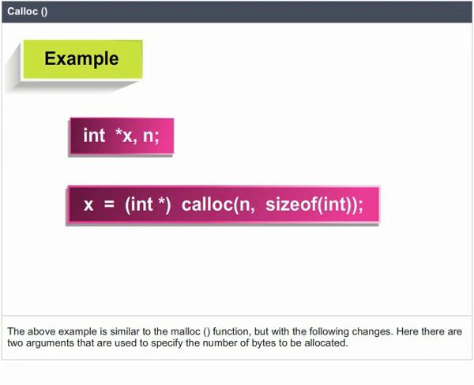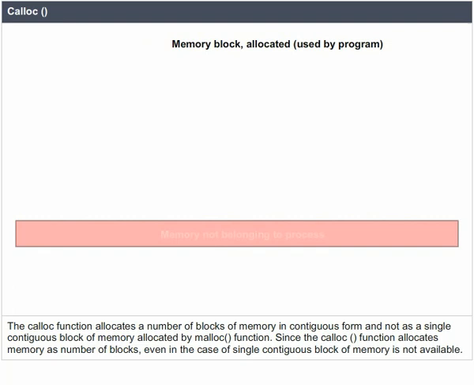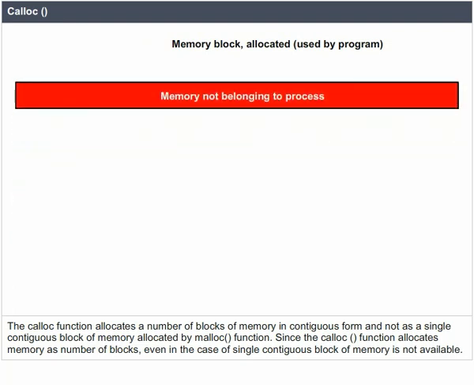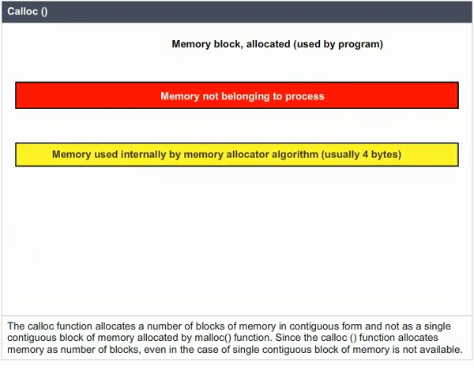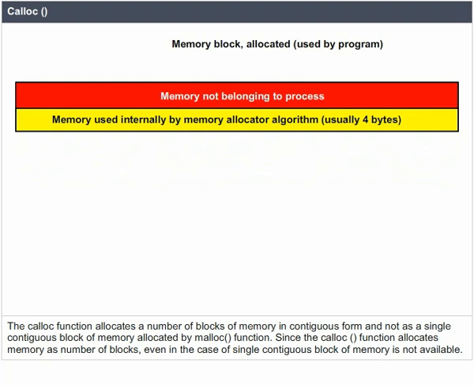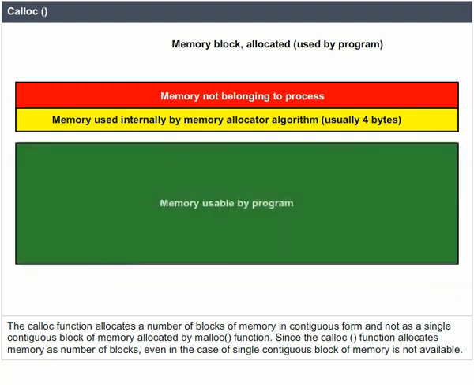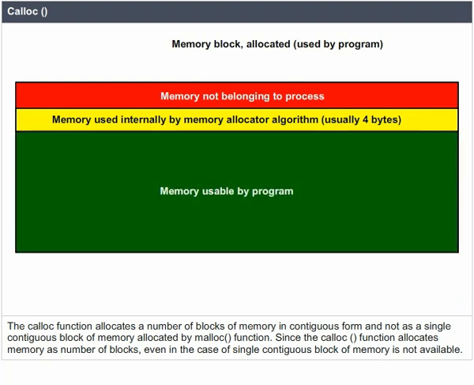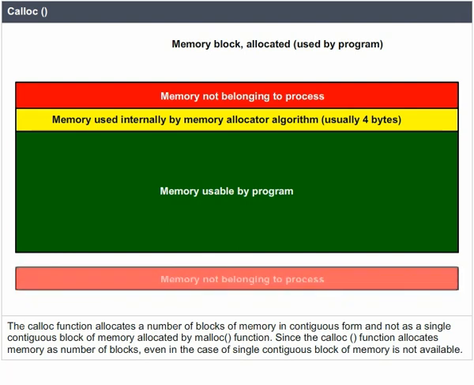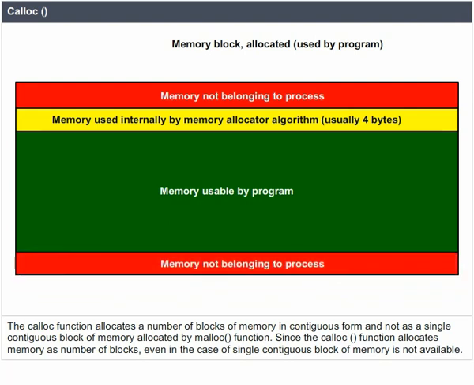Here there are two arguments that are used to specify the number of bytes to be allocated. The calloc function allocates a number of blocks of memory in contiguous form and not as a single contiguous block of memory as allocated by the malloc() function. Since the calloc() function allocates memory as a number of blocks, it works even in the case where a single contiguous block of memory is not available.